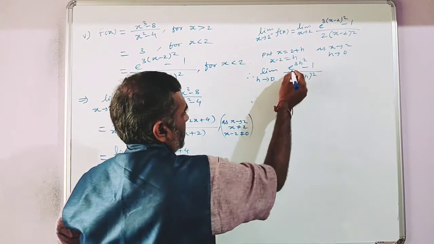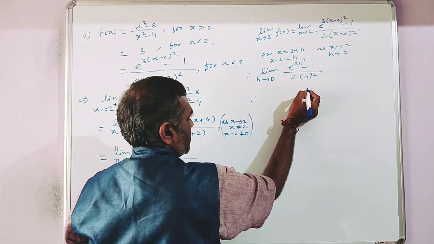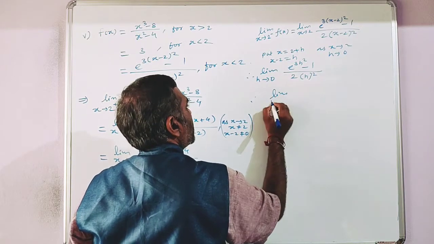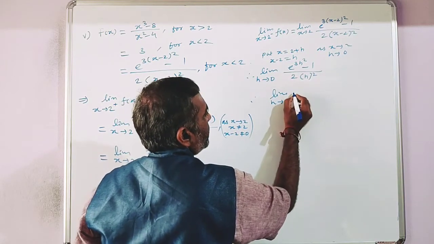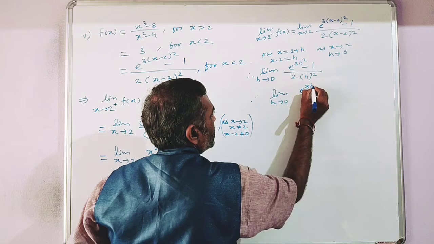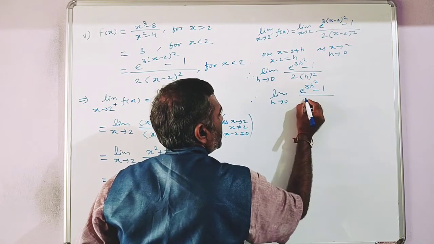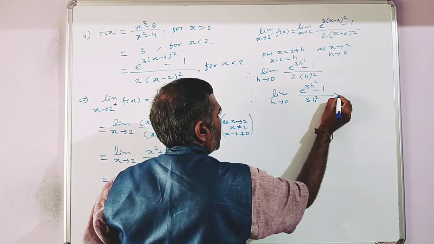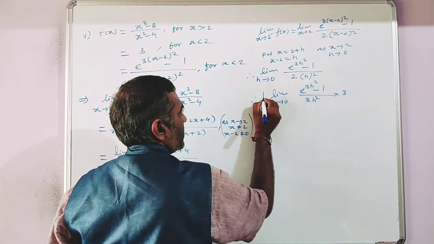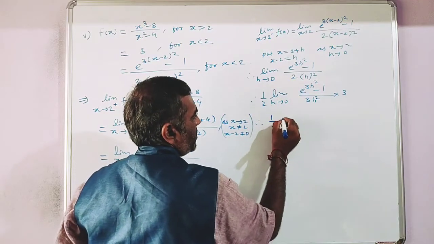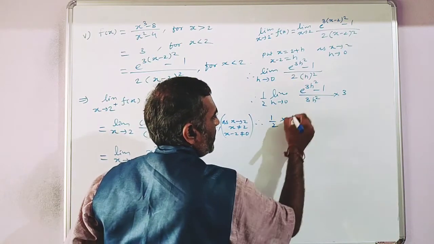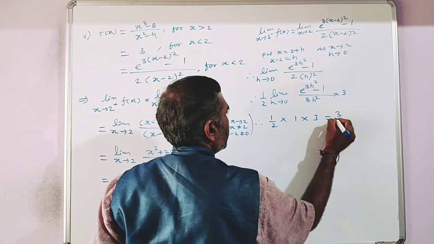What we want here? e raised to x minus 1 upon x. So what do we do? Limit as h tends to 0 of (e raised to 3h square minus 1) upon 3h square into 3, and this 2 I took outside as 1/2. Therefore 1/2 into this is nothing but 1 into 3, which is equal to 3/2.